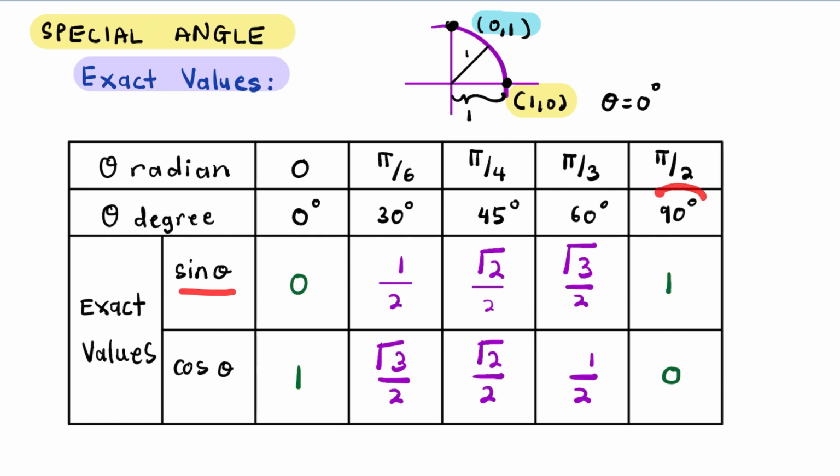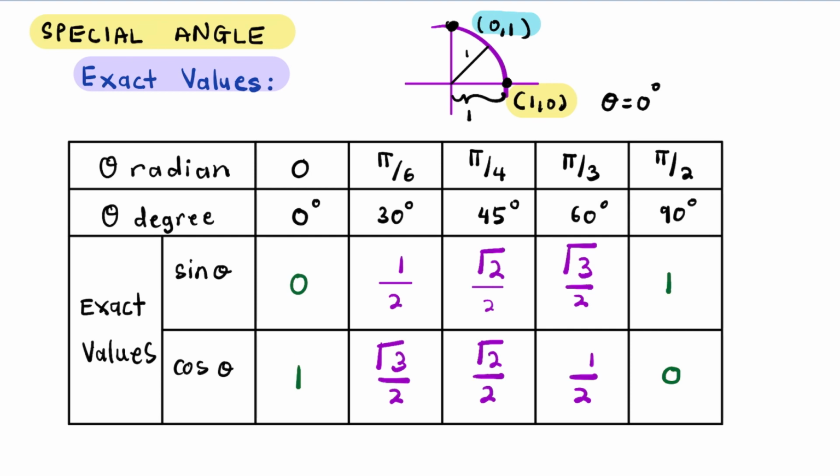Sine 90 degrees gives 1. The same goes for cosine. Cosine 0 degrees gives 1. Cosine 30 degrees gives square root 3 over 2. Cosine 45 degrees gives square root 2 over 2. Cosine 60 degrees is half, and cosine 90 degrees is 0. So that's the special angle exact values.